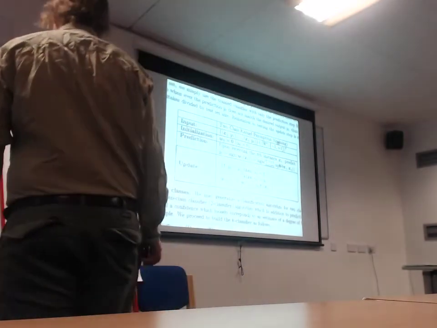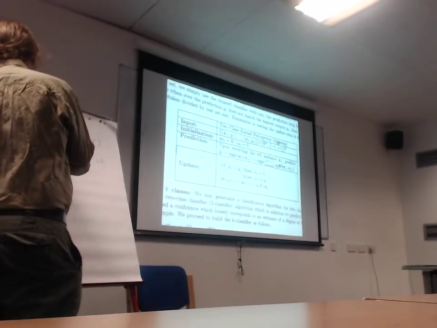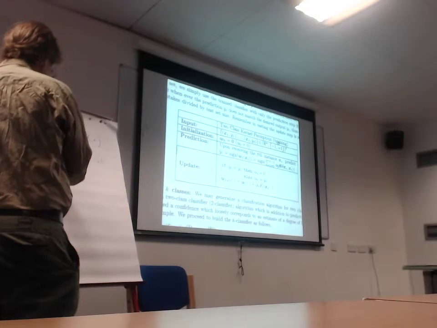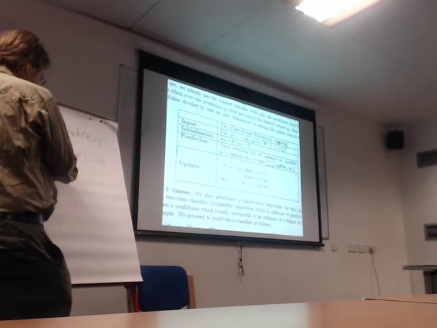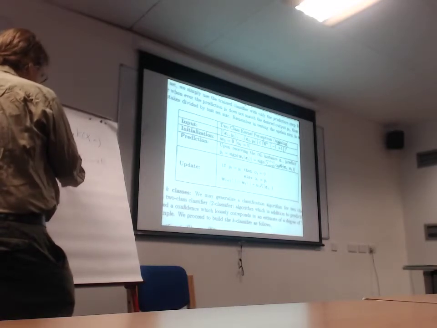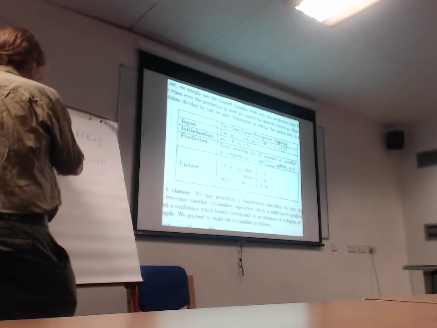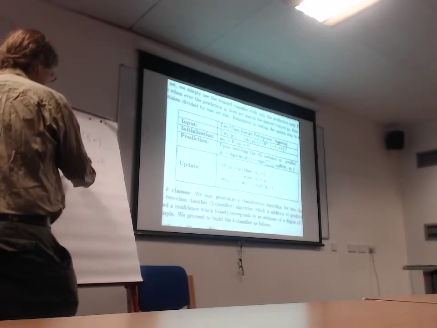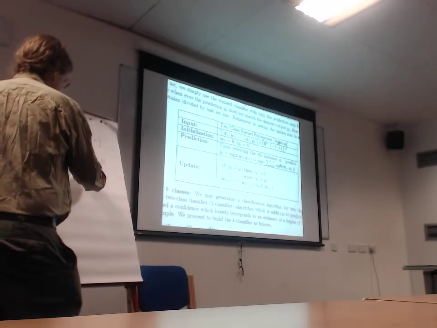The main kernel, which I asked you to look at in this assignment, is the polynomial kernel, K_d, where d is a parameter, and if it has arguments p and q in R^n, then this is equal to (p dot q)^d.